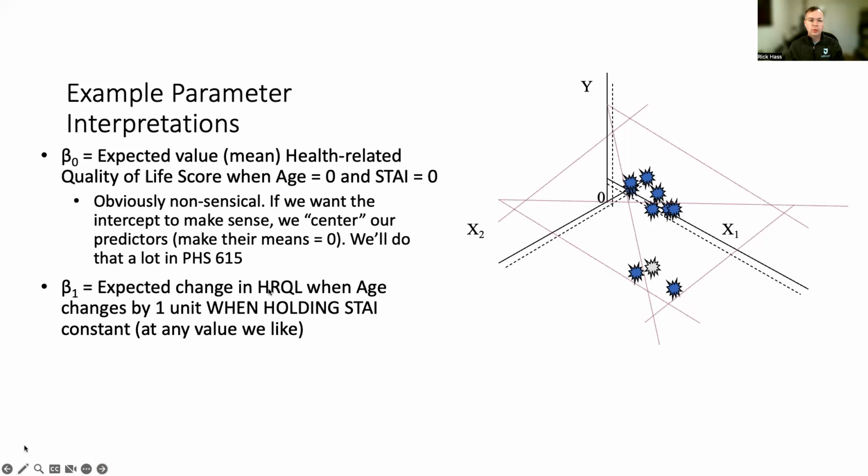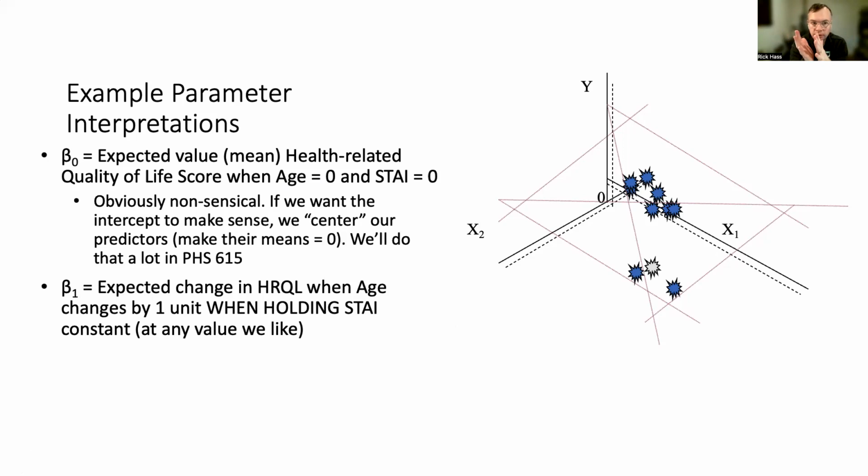The beta for age, right? So beta 1, if X1 is age, what does that mean? It's the expected change in health-related quality of life when age changes by 1 unit for any value of anxiety that we like. So take just the people who have no anxiety, right? Beta 1 applies to them.